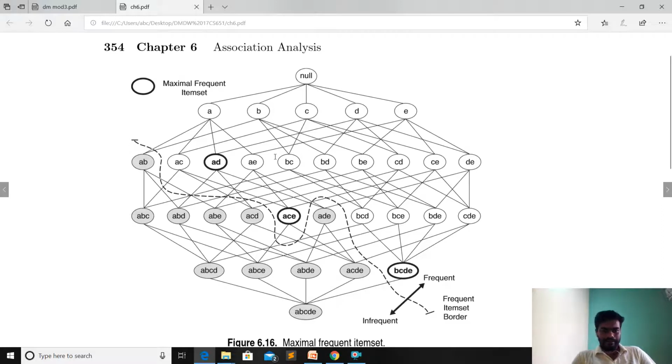These item sets are frequent, and these item sets are infrequent.